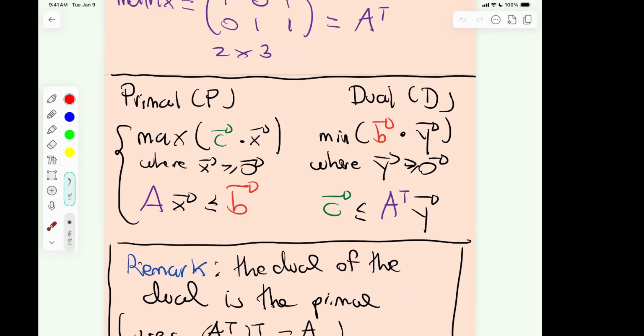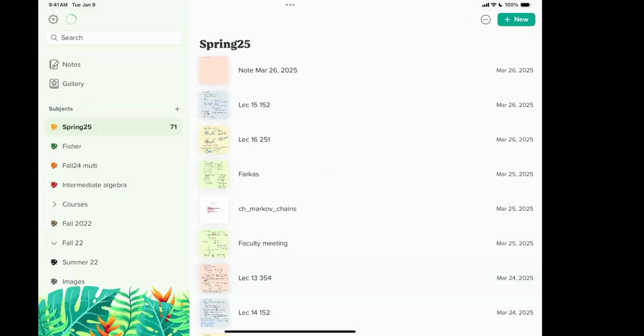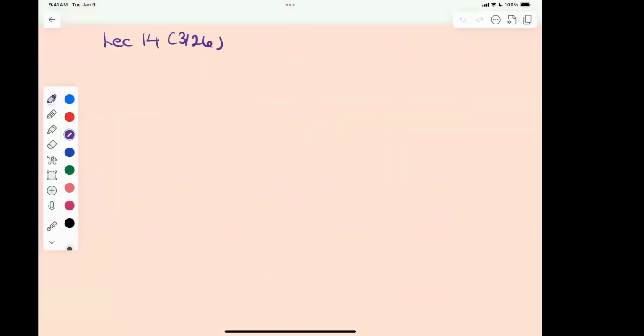Today it's not super clear why this would be related to the duality theorem, but I'll make that more precise next time. Today we're going to do an intermediate step, which is an ingredient in that proof, but in its own right it's an interesting thing, called the Farkas lemma. So that is what I'll discuss today.